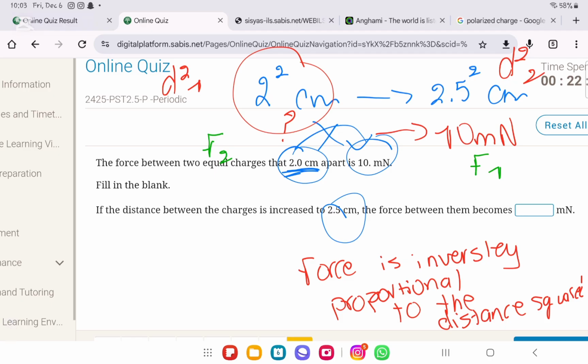Now, if you want to understand it, it is like if you have two objects close to each other, they will definitely have a closer force of attraction if they have a smaller distance between them. However, if they are farther apart, let's say they are the same mass, then the force of attraction is weaker.